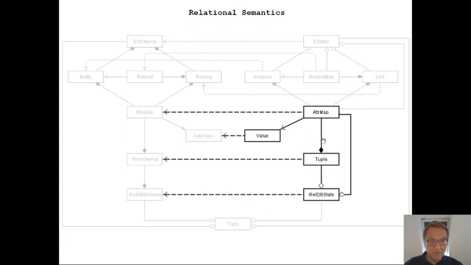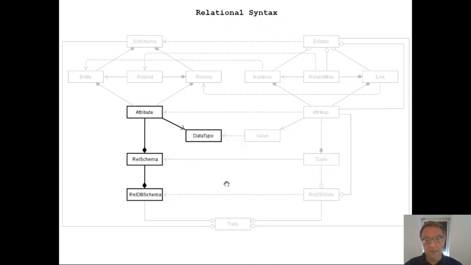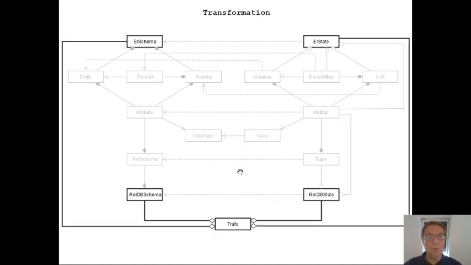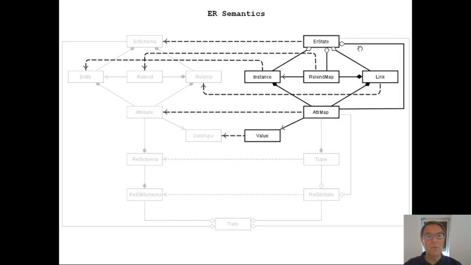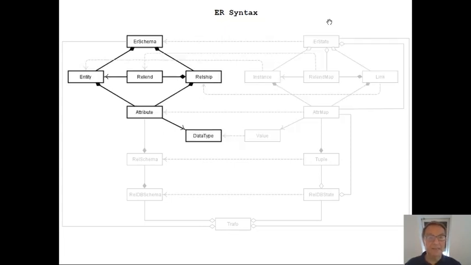Please note I have used the strong form of part-whole relationship over here and over here, and I've used the weak form of part-whole relationship, namely the aggregation, over here. Please remember in the example that we had before, in both examples, the instance was shared by two database states.